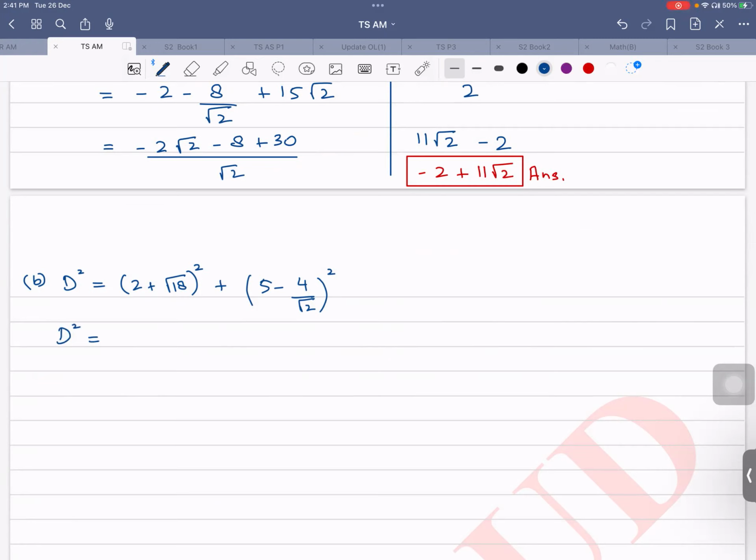A square plus 2ab plus b square. And for the second bracket, it's up to you whether you expand this first or you rationalize this first. So whatever you say, Arad. Oh, I'm expanding first. Okay.